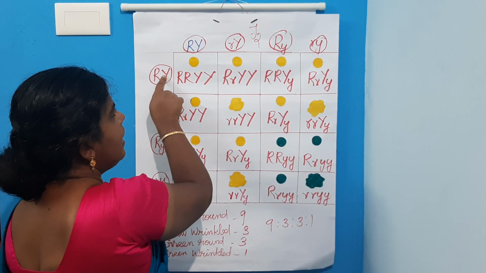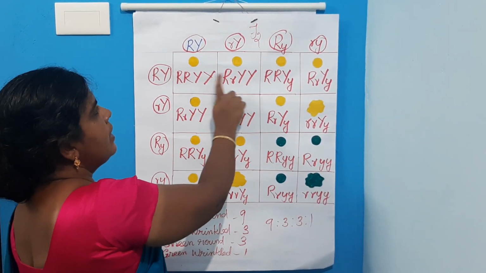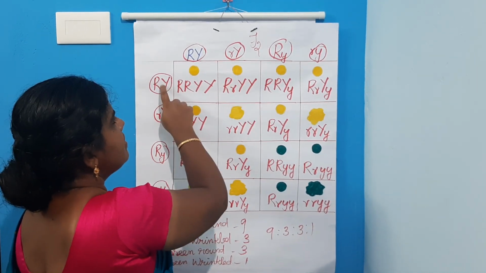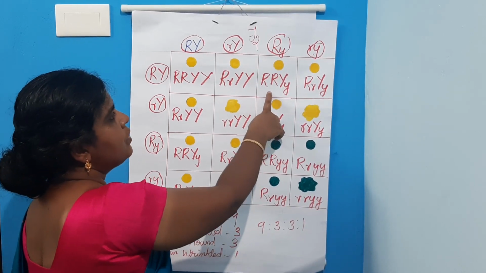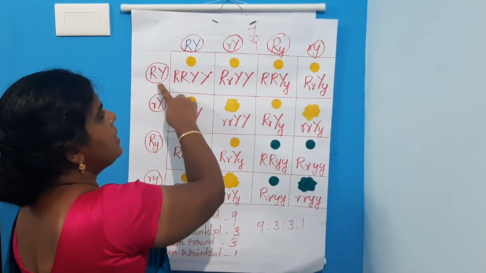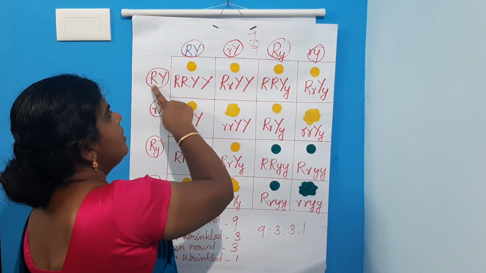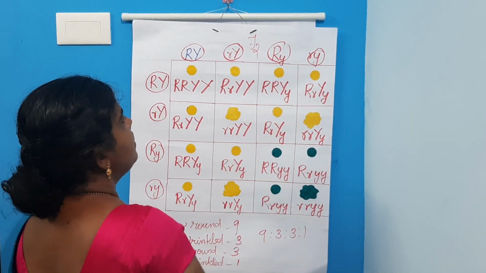Then this gamete fuses with that gamete and forms the respective hybrid: capital R, small r, capital Y, capital Y. Then capital R, capital R, capital Y, small y. Then this gamete fuses with that gamete and forms the respective hybrid.